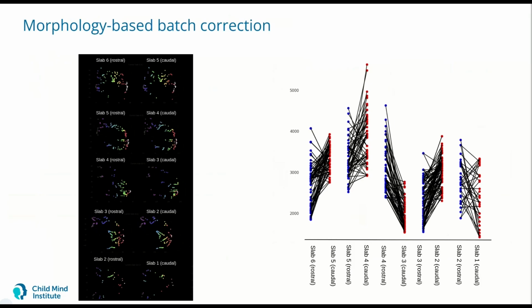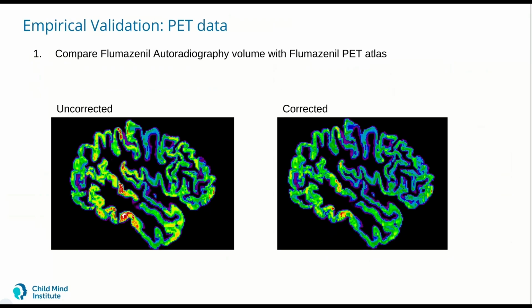We do have what look like very significant mean shifts between what should be nearby vertices. We can use this then to correct the slabs of tissue. Here we have again the uncorrected image, and then after batch correction, it looks much more continuous. There might still be some underlying batch effect, but it's at least much attenuated compared to what it was before.